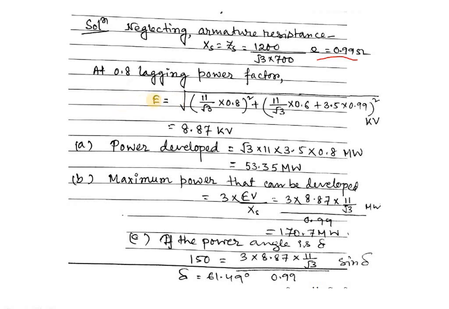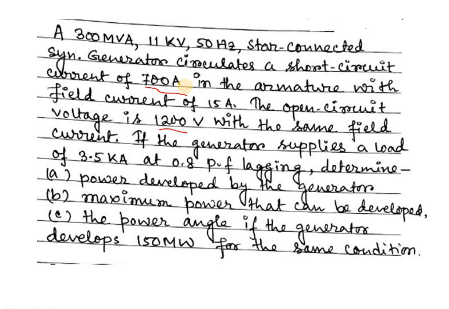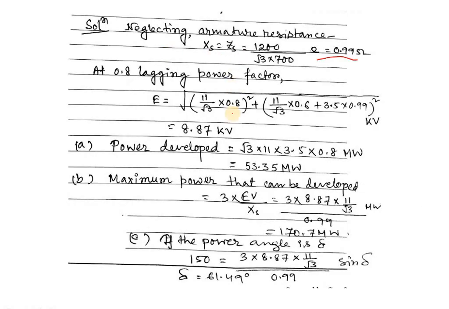Now at 0.8 power factor, we know that E equals the square root of (11 by root 3 into 0.8, the power factor lagging, plus 11 by root 3 sine alpha plus 3.5 into 0.99) whole squared.